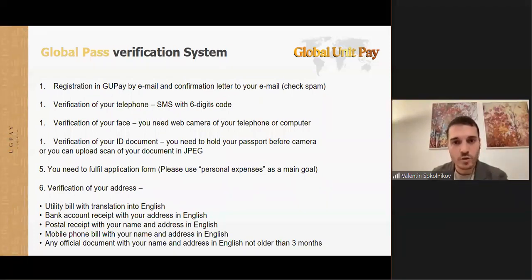And therefore, when you register through Global Unit Pay, you can open foreign accounts in different European countries and other countries as well. And this is an opportunity for a person to work globally. If he has only a Russian passport, it applies and is valid only in Russia.